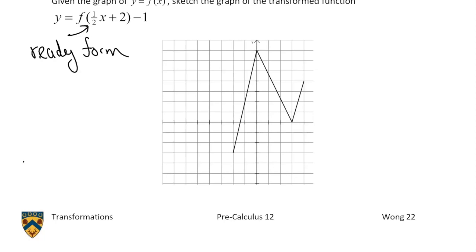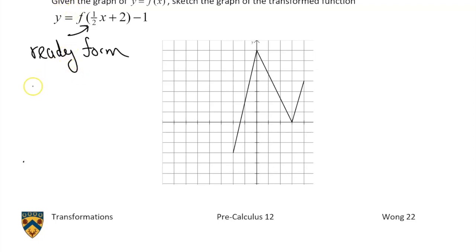So right now there's that 1/2 in front of the x, and we need to take that out to put it into ready form. And when we factor out the 1/2, it still stays to the right of the f. Nothing's happening where it would affect any sort of values to the left of the f. It's not going to have anything to do with our vertical expansions or compressions.